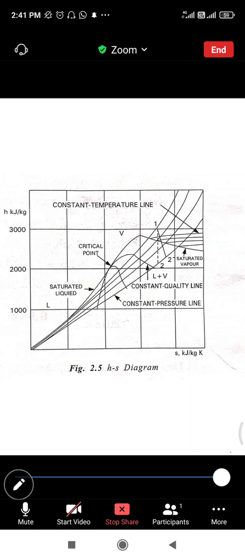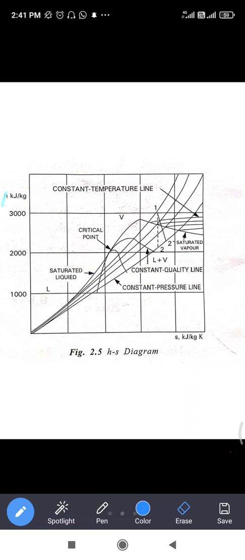This is very important. The portion below the dry saturated line represents wet steam, while the upper portion represents the superheated steam.